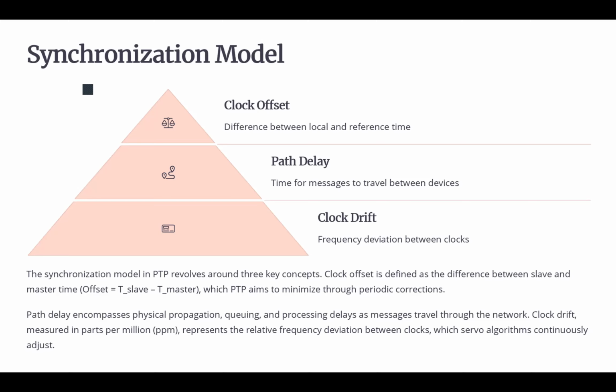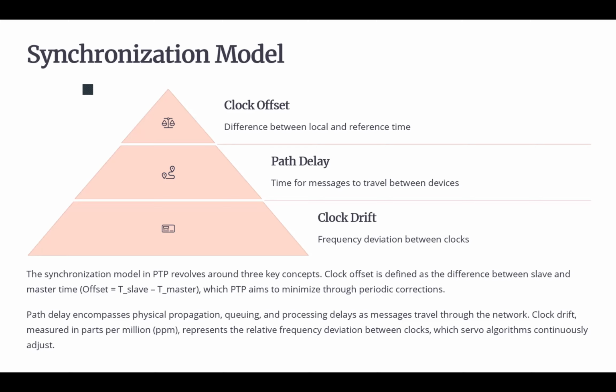Another aspect that we have to pay attention to when we talk about the synchronization model is the path delay. We mentioned that briefly. The path delay is the time that it takes for a PTP message to travel from one device to another.